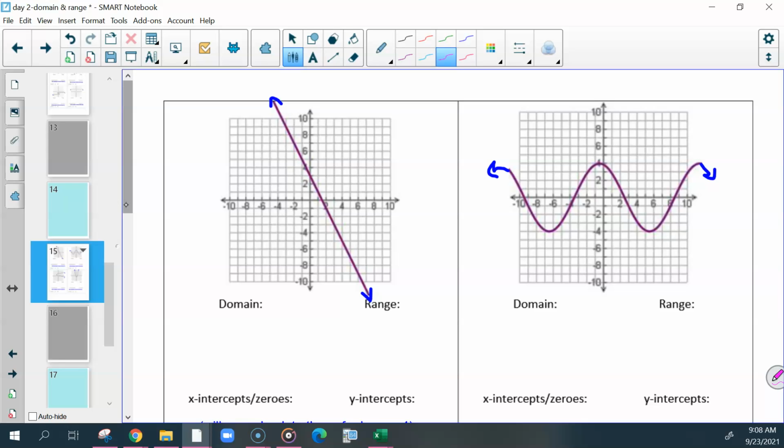But do you know what the furthest point to the left is? No. So it keeps going from negative infinity. And then the furthest point to the right is the same thing. It keeps going to positive infinity. So because it goes to both, that would be your all real numbers.